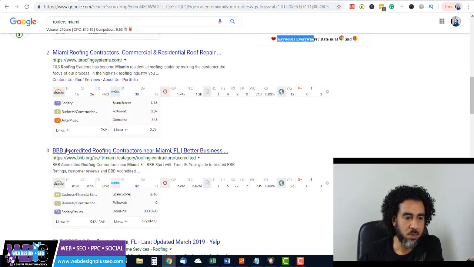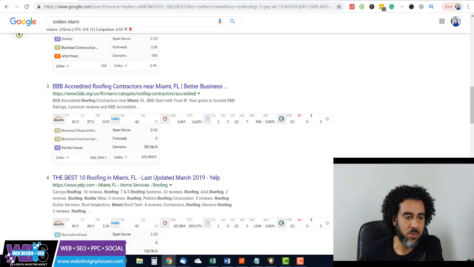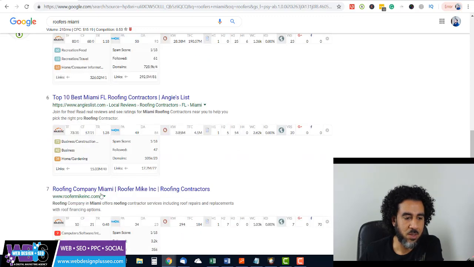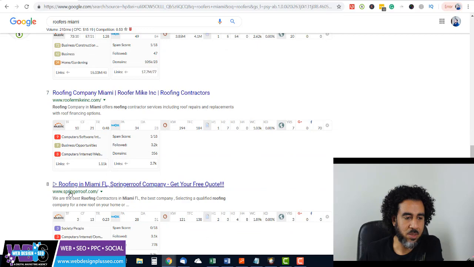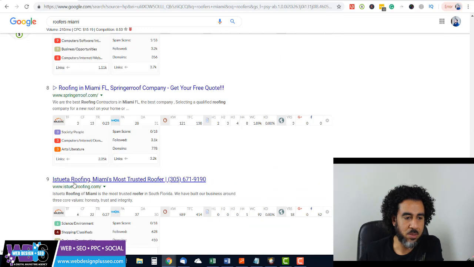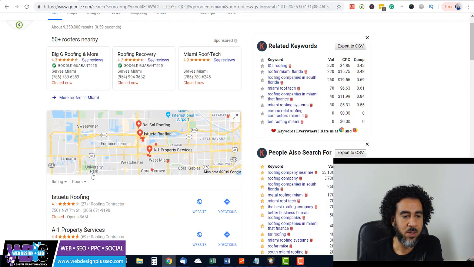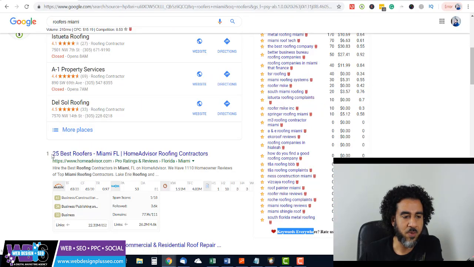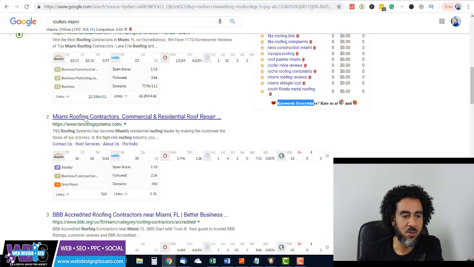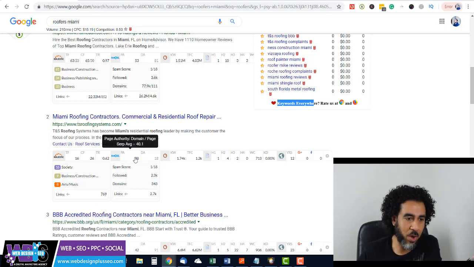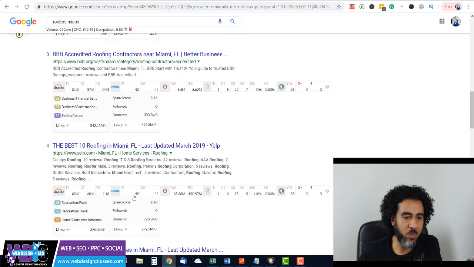So you see Better Business Bureau, some more directories, and another business. That's good. Now, I personally like to avoid these types of keywords where it's very heavy on the directories, because sometimes Google just gives them preference, because the domain rating, which is this score right here, is going to be very high compared to yours.